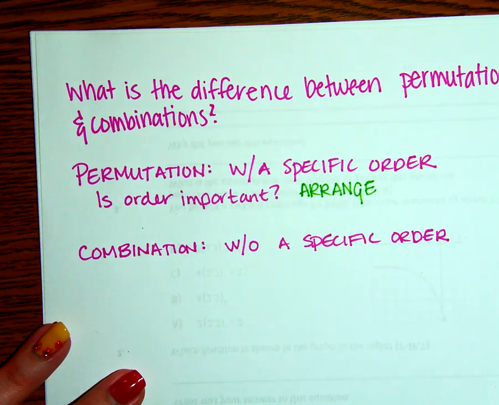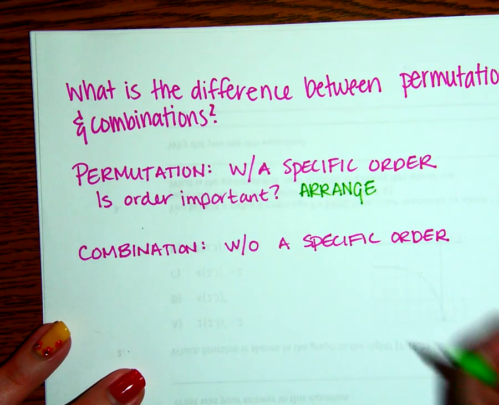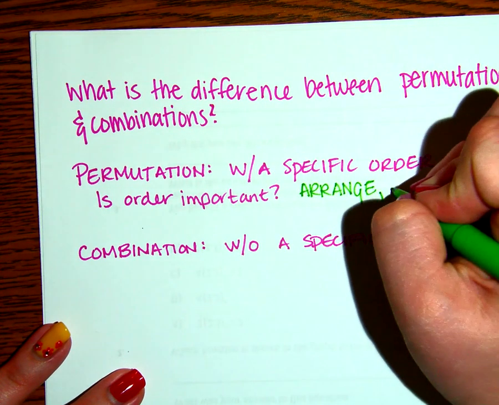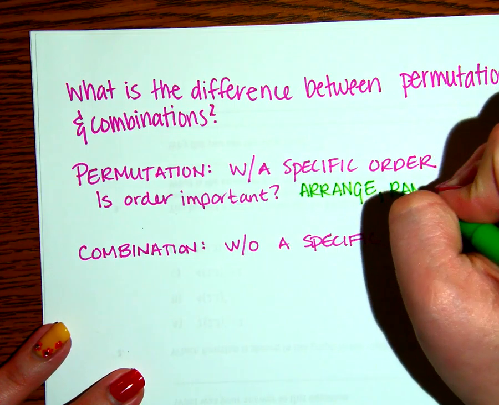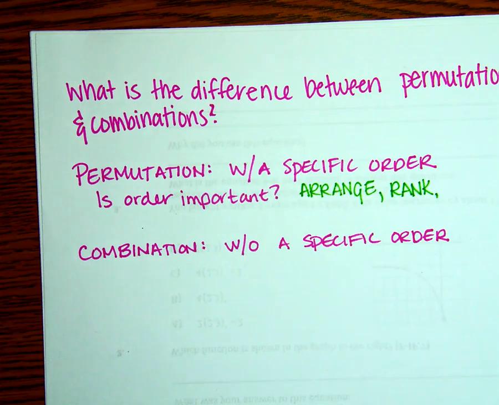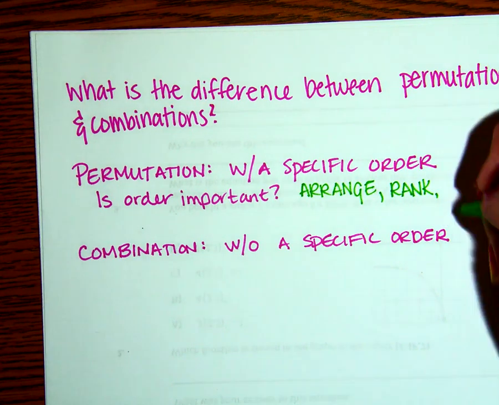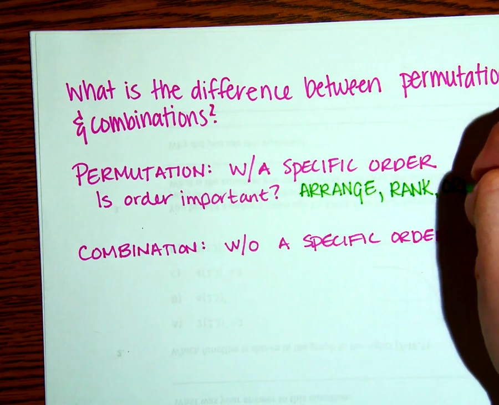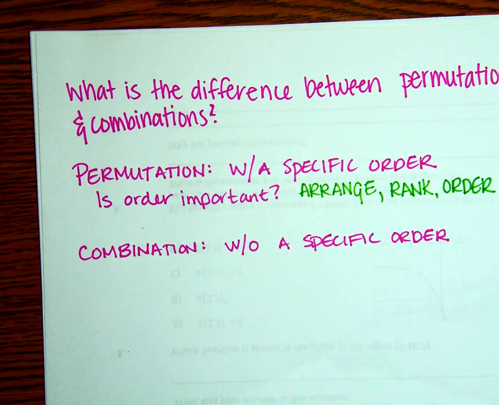Okay, some other words that might mean order would be rank. So if you are ranking something, you are putting it in order from either fastest to slowest, greatest to least. You are ranking it somehow. You're putting it in an order. The other one that's pretty obvious, you're looking for the word order.